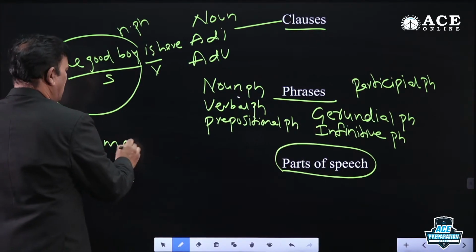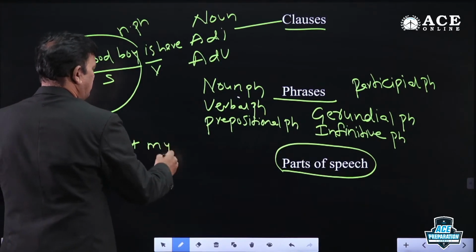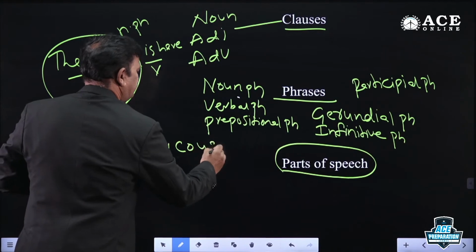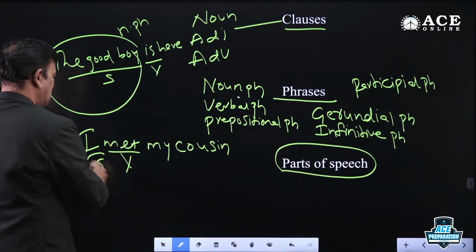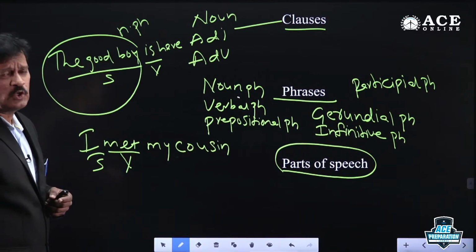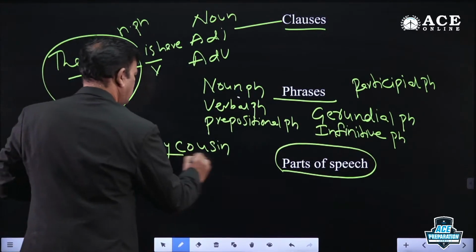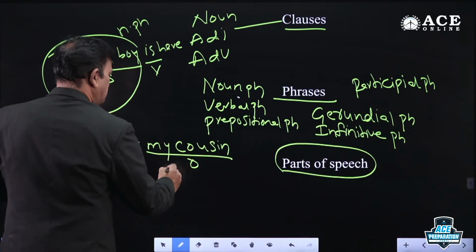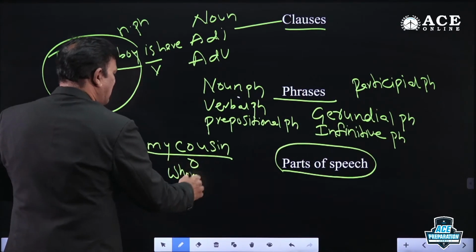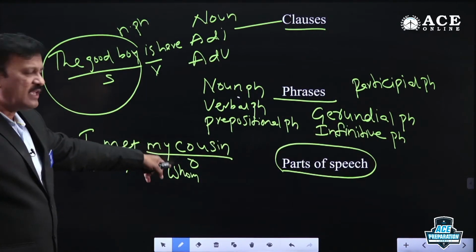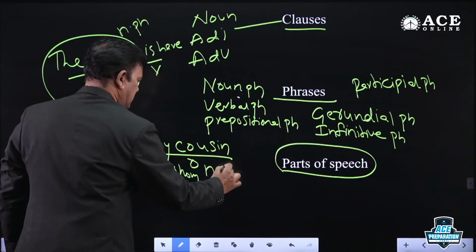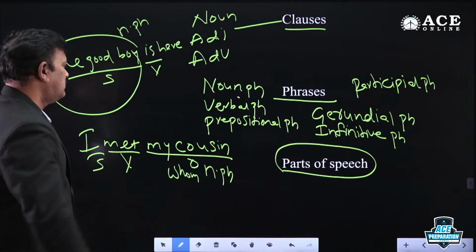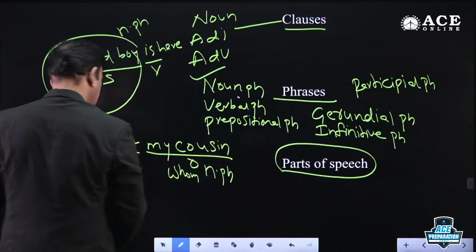I met my cousin. Verb, subject. I met whom? Object. If I have a group of words in the object, that is also called a noun phrase. So we identified it.